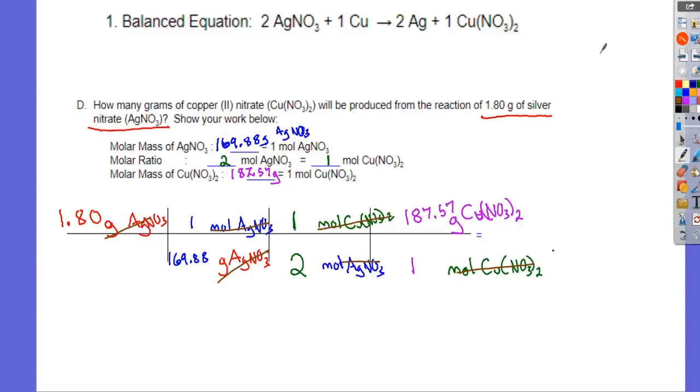Then I'm going to divide all of that by my first denominator, which is 169.88, enter. Then I'm going to take that answer and divide it by my next denominator, which is a 2, enter. And then I'm going to divide that again by my next denominator, which is a 1, which will not change that final number. So I'm going to end with 0.99 grams of copper nitrate.